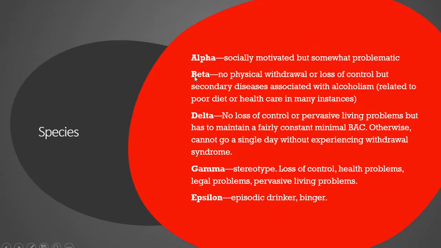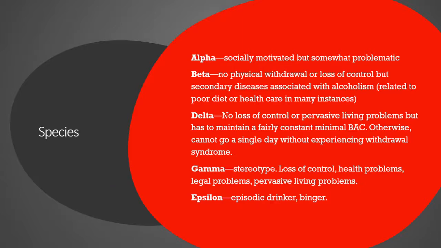Beta is a species that has no real physical withdrawal, no real loss of control, but they have secondary diseases associated with alcoholism, cirrhosis of the liver, Korsakoff psychosis, these types of things.